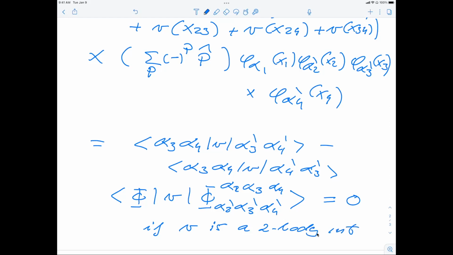Exactly. But if I have a three-body interaction, it doesn't need to be zero. So this is something which simplifies the calculation.